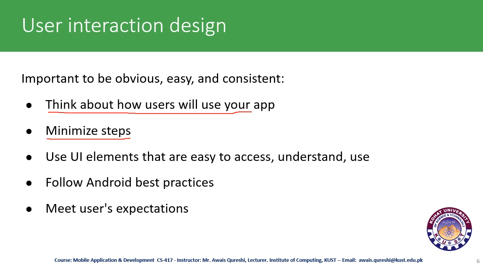For these things we should follow Android best practices. We have a separate lecture on Android best practices, so we will see what those best practices are. And the final point, last but not the least, we should meet user expectations. This is the main point. If the user expectations are not met, then your app is not acceptable to the user.